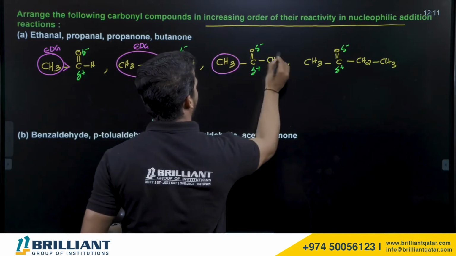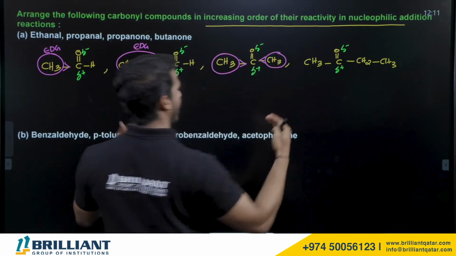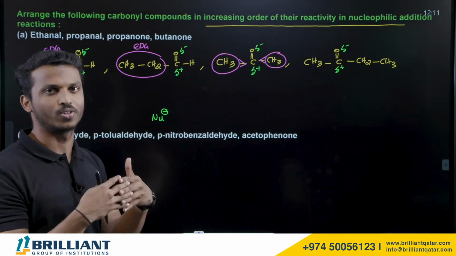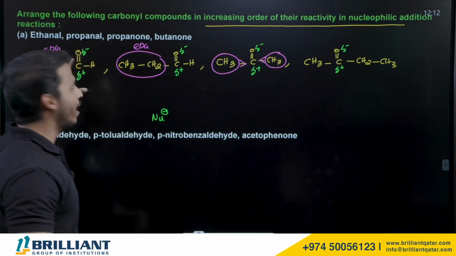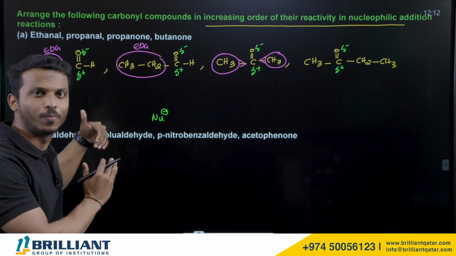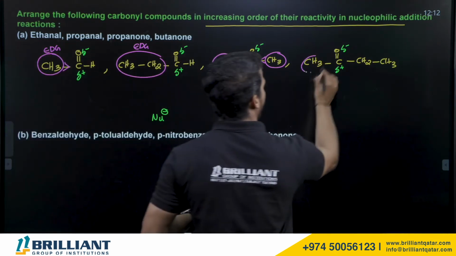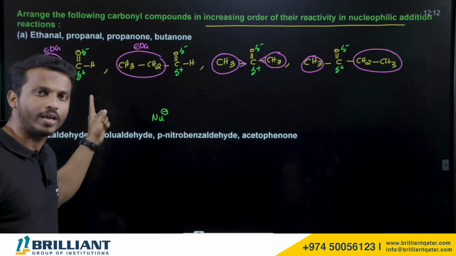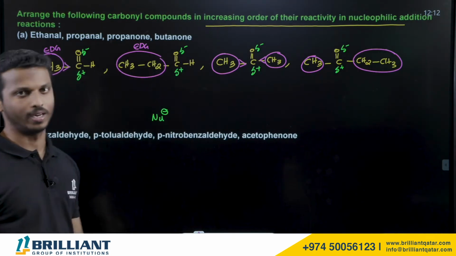What about ketone? Ketone has both left and right sides giving electrons. In aldehyde only one side has an alkyl group, but in ketone both sides do. Therefore, aldehydes are more reactive than ketones towards nucleophilic addition.